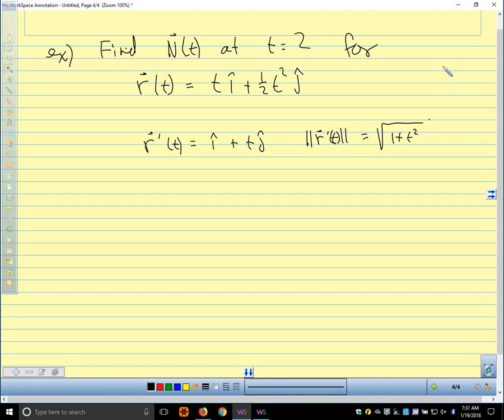So not bad functions here. Well, T as a function of time, our unit tangent vector, is just 1 over the square root of 1 plus t squared times i hat plus t j hat. Not a terrible function. Well, now we have to find T prime.